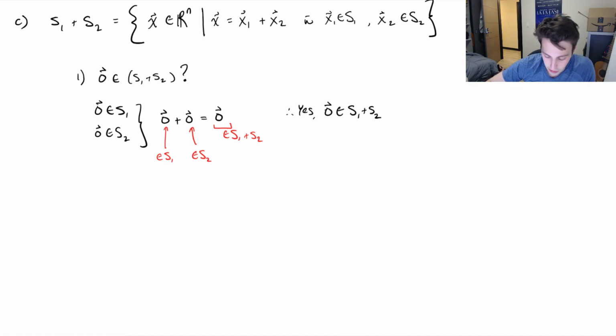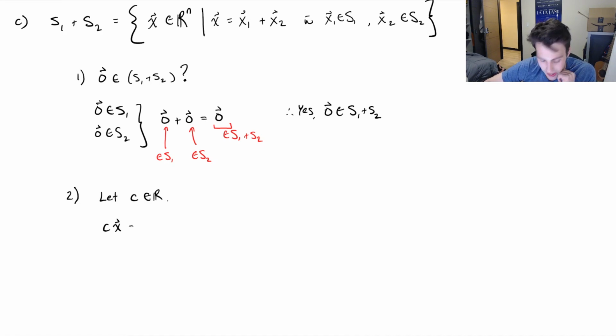Okay, let's check number 2. We are asked, let's define a scalar C, so C times X, where X is in S1 plus S2. Well, we need to figure out, is this going to be in the sum?